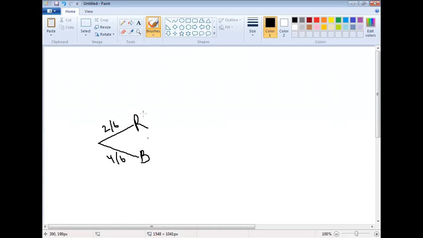But if it is a red one, then we again take another disc out, and the probability of that being red is 1/5. And the probability of that one being blue is 4/5. Why 4/5?